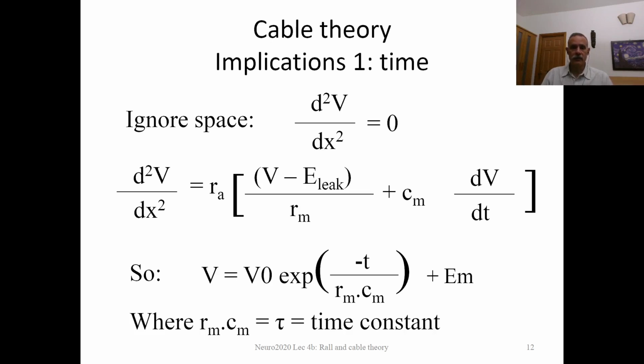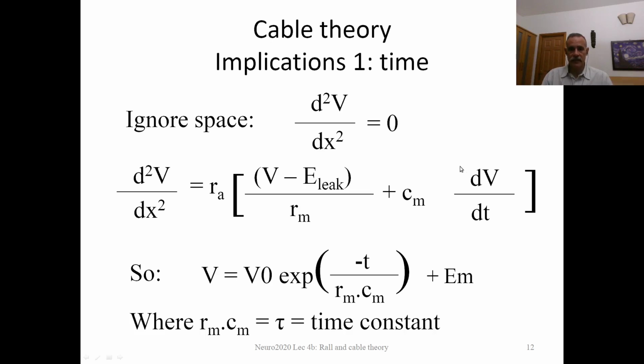So implication number one, right? So let's take our cable equation and say that we are going to ignore space. So if, in other words, we're treating it as a single point, a single compartment. Well, if you do that, what happens? You don't have space anymore, so the derivative with respect to space vanishes. It becomes 0. So this whole equation, this term vanishes, becomes 0, and then you get just this bit left.